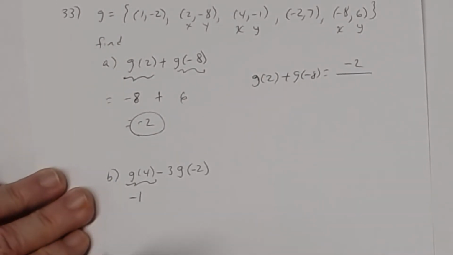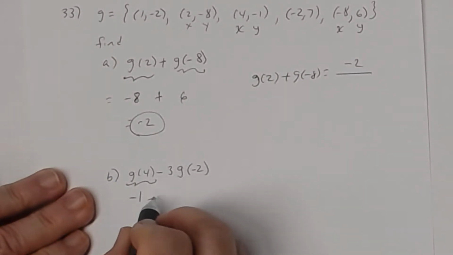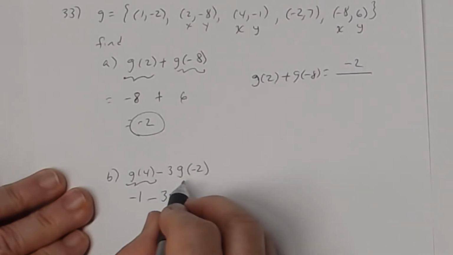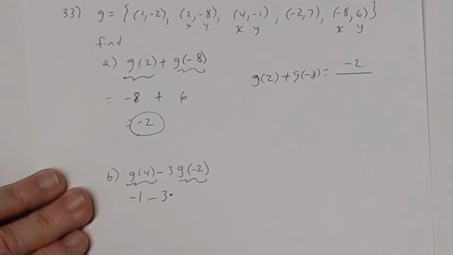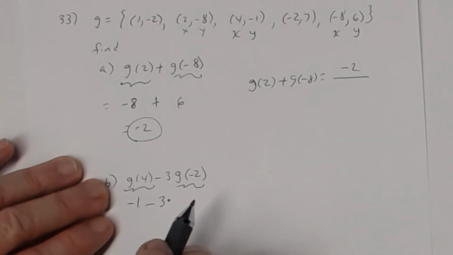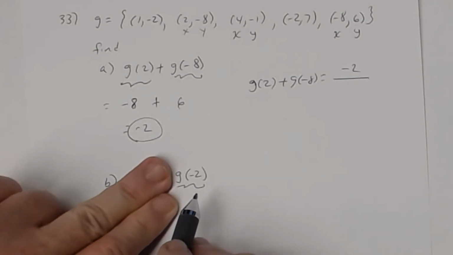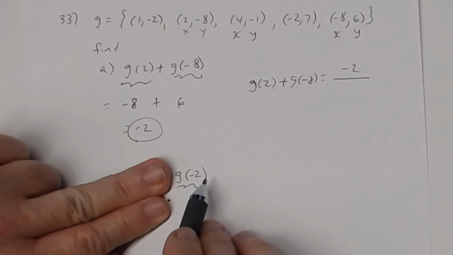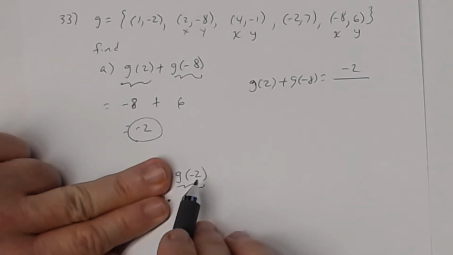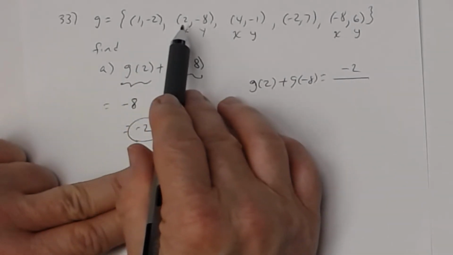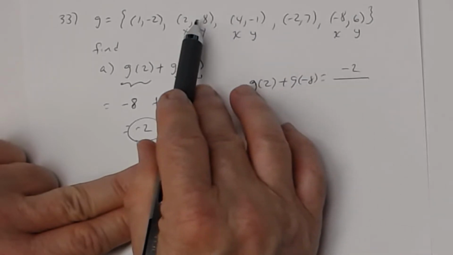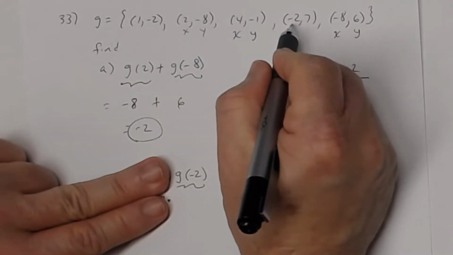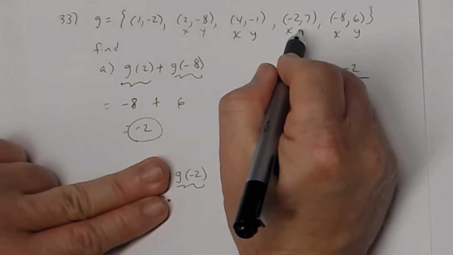So this is negative 1. Minus 3 times, see how I'm doing this? Minus 3 times, and then I find g of negative 2. So g of negative 2, if I cover all this up right here, means what is the y value when x is negative 2. So I go up here and I find where x is negative 2. Well, x is negative 2 right here. That means my y value is 7.